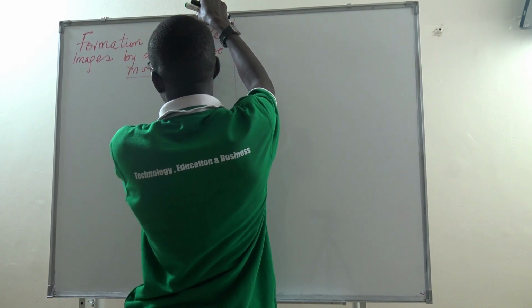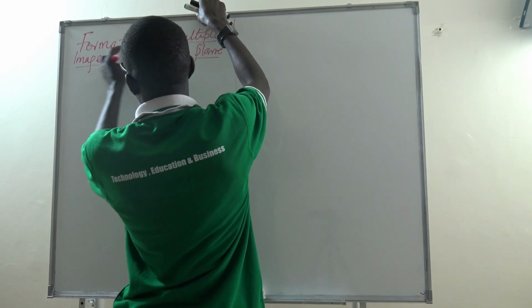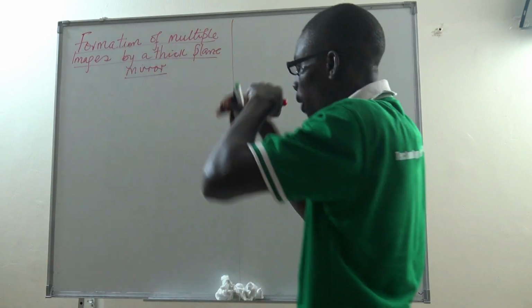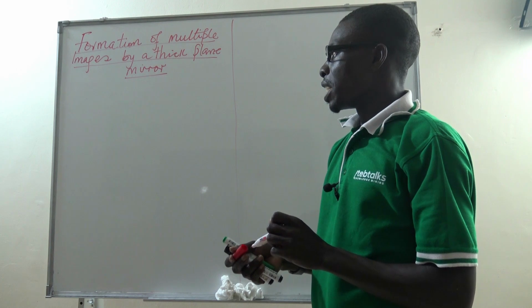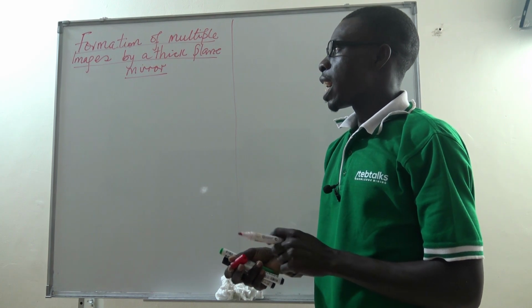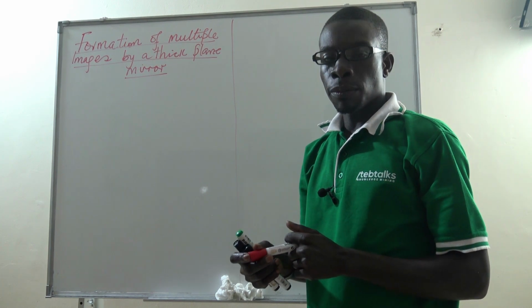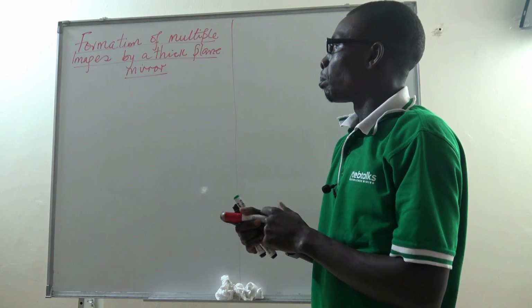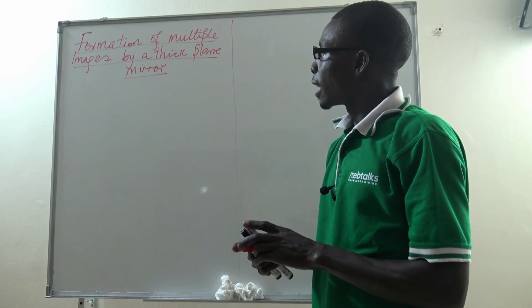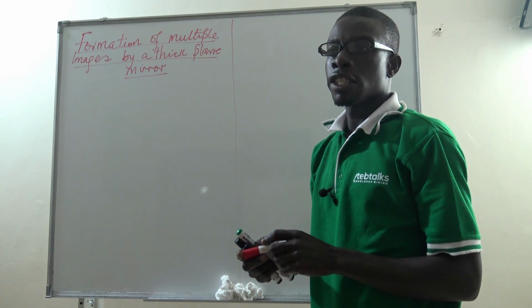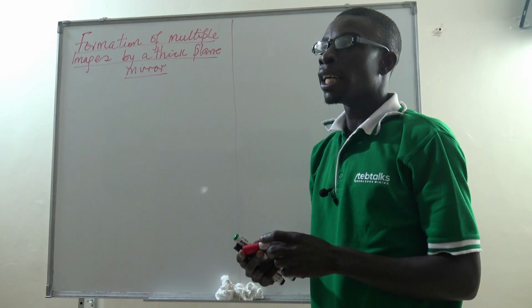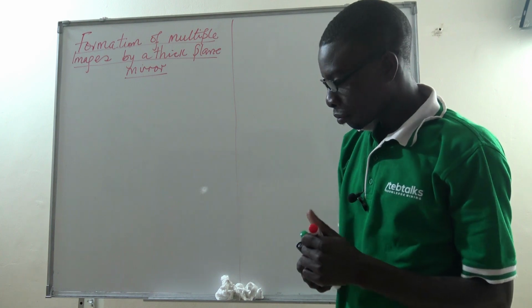So now we are going to look at how a thick plane mirror forms multiple images, okay? After looking at different properties of this plane, the thick plane mirror has two surfaces for reflection and a transmission.